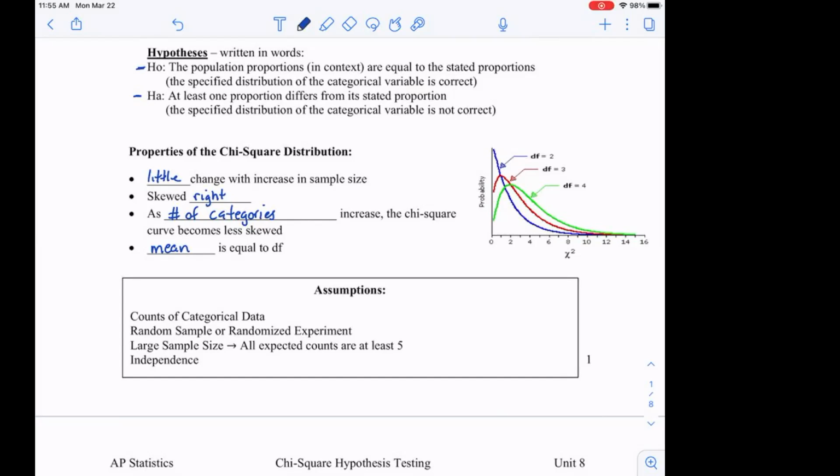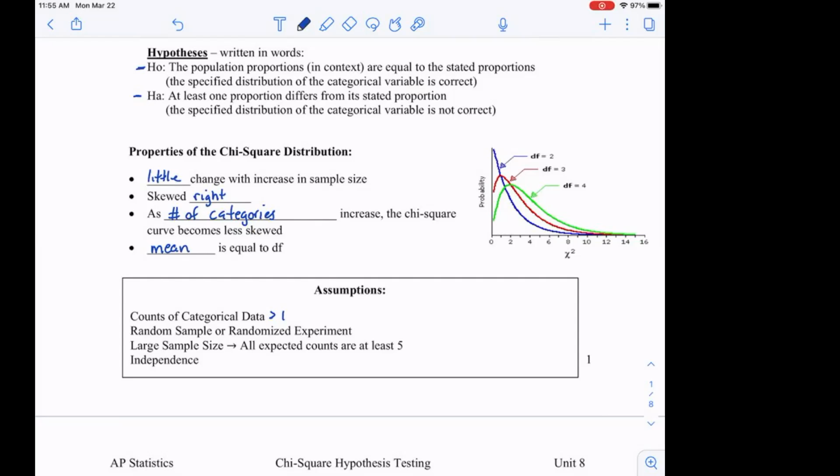We mentioned this already because we had done a chi-squared test, but we have 4 different assumptions down here. Counts of categorical data have to be greater than 1, so we have to have at least 2 categories. A random sample or randomized experiment stays the same.